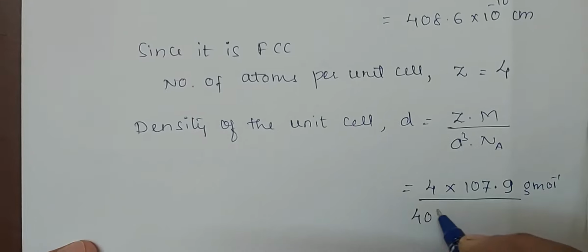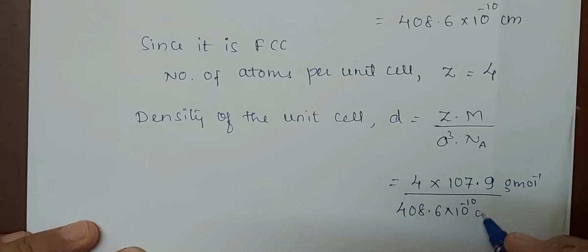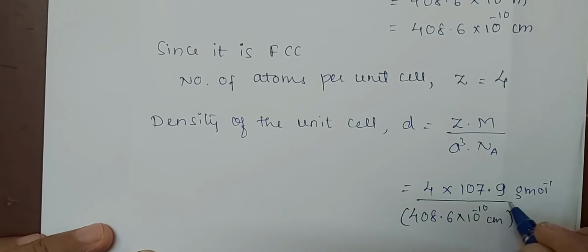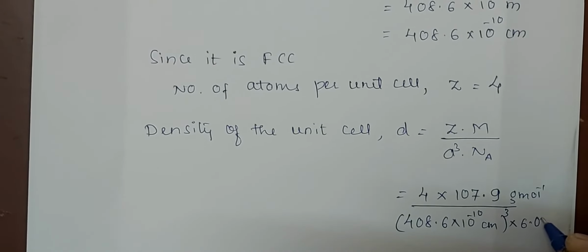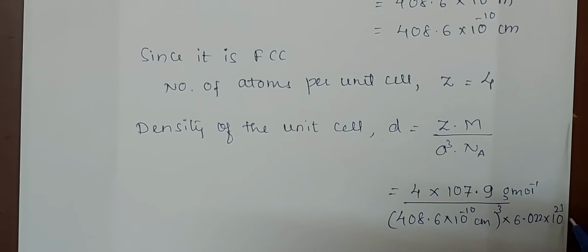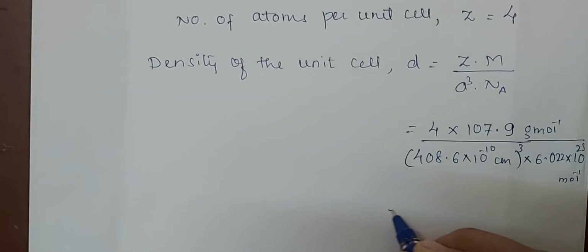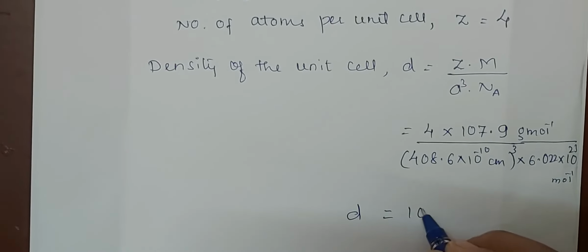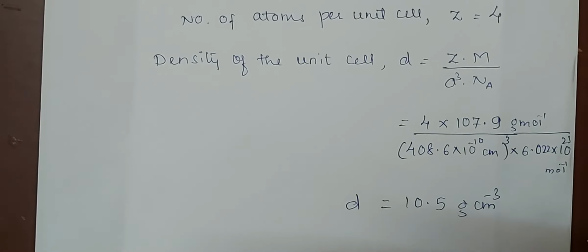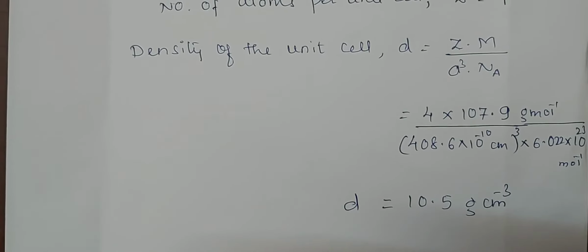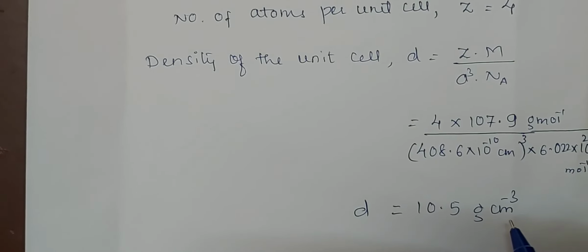It is 408.6 into 10 raised to minus 10 centimeter cube into Avogadro number, it is 6.022 into 10 raised to 23 per mole. If you calculate, you will get density as 10.5 gram per cm cube. So the answer is density of the unit cell D is equal to 10.5 gram per cm cube.